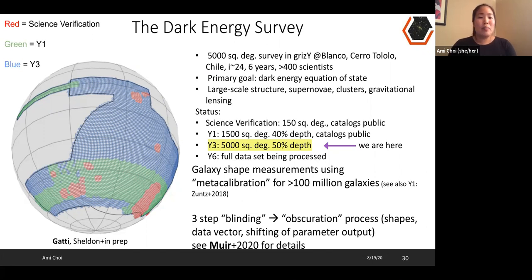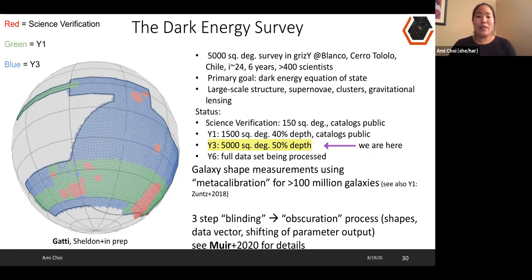The last point to make here is that we are still blinded, and there's a 3-step blinding process, which I'll summarize very briefly. I'm also going to attempt to use the word obscuration, since blinding is an ableist term, and it would be great if we could shift the community to different terminology. This obscuration process involves 3 different steps. Firstly, the shapes are scaled by some factor.